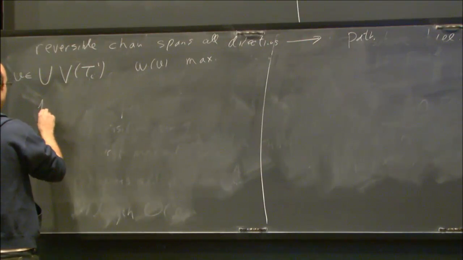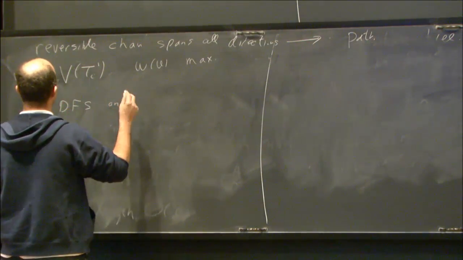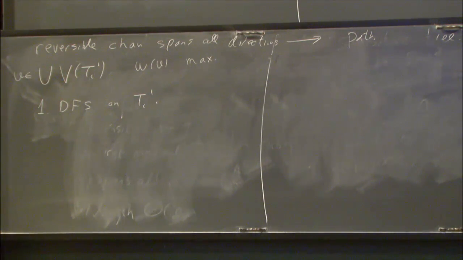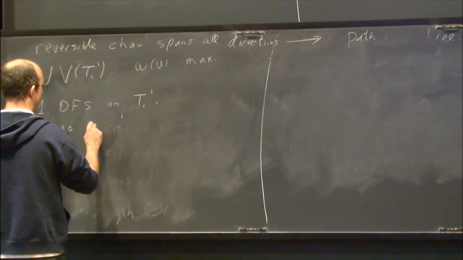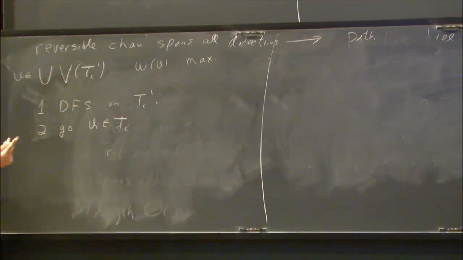So what do we do? Step 1, we're going to just run a DFS on Ti prime, which we can do, right, because it's a tree. And then the second step is that we go to some, let's say, Vi in Ti. Ti is a subtree of Ti prime. So after we've explored it, we just move to another node in this tree, right?